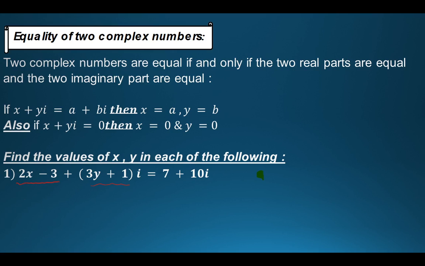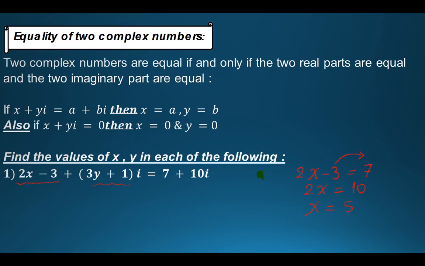Here, the real part, 2x minus 3, will be equal to the real part. So, 2x minus 3 will be equal to 7. So, negative 3 will go to the other side. So, 2x will be equal to 7 plus 3, which is equal to 10. 2x equals 10, so x equals 5.